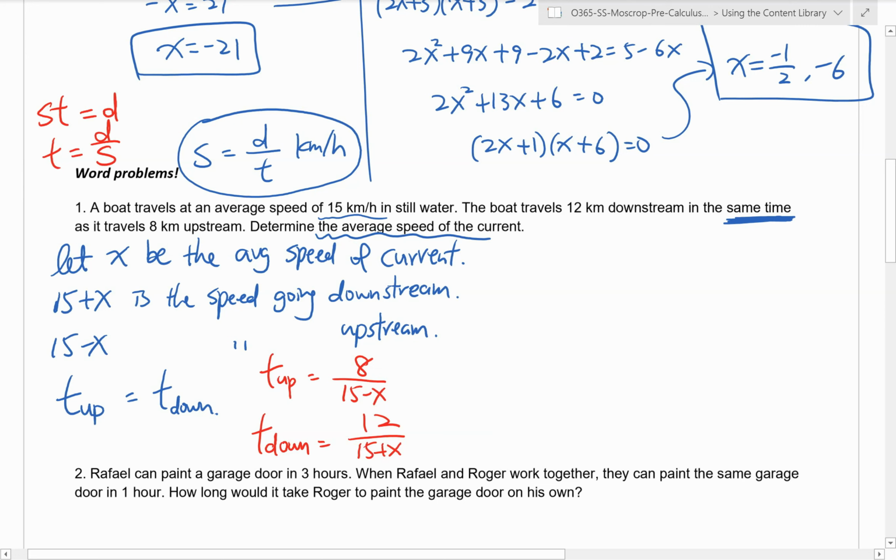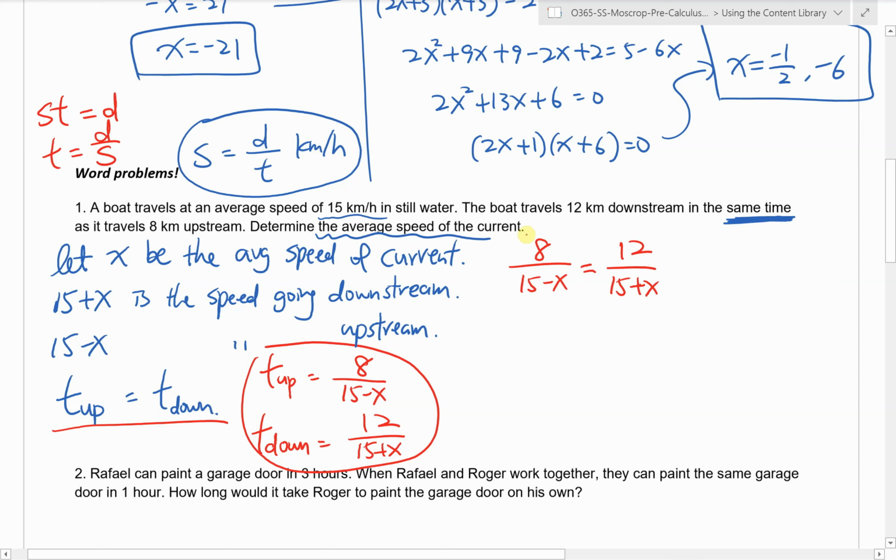Now we have these two expressions, and we know the times are equal to each other. So here is our equation: 8 over 15 minus x is equal to 12 over 15 plus x. So here's the rational equation, and then we can solve this.